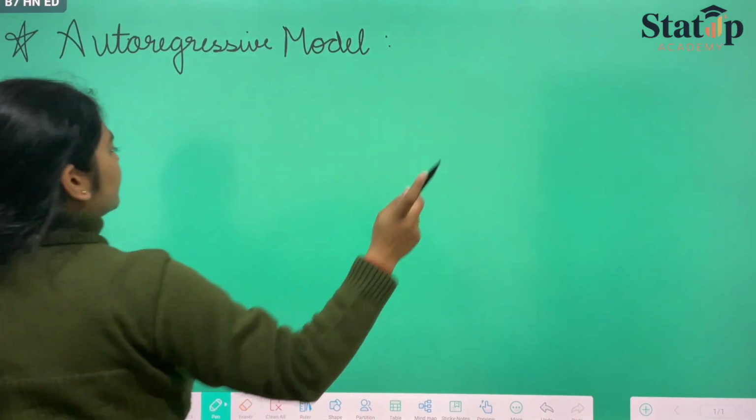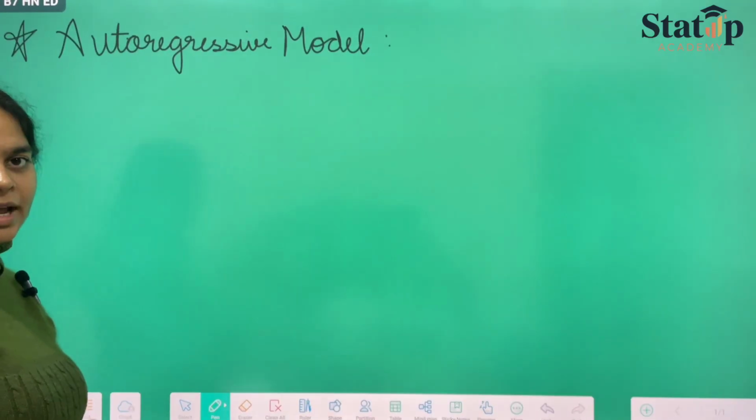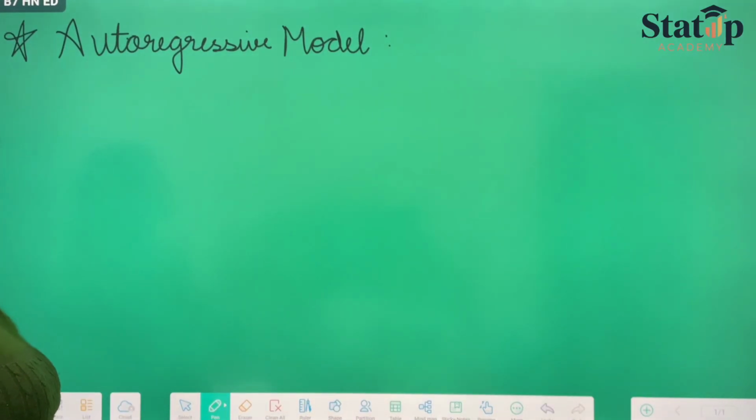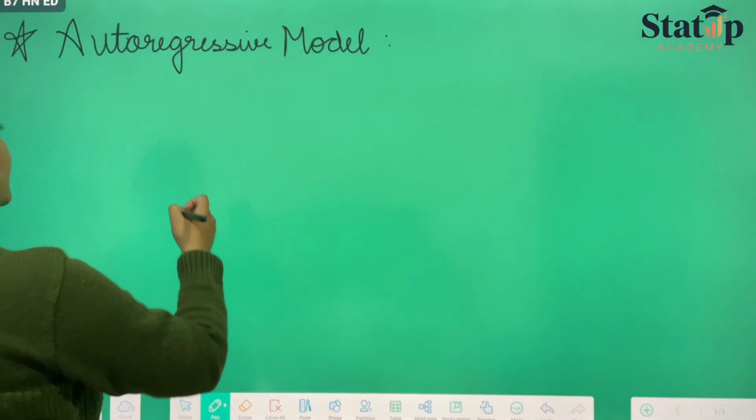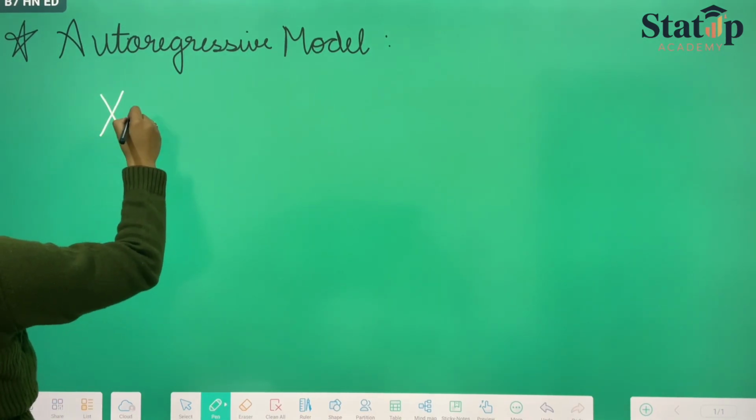what is an auto-regressive model? A time series model which depends on its previous times. Suppose we are taking a time series xt.